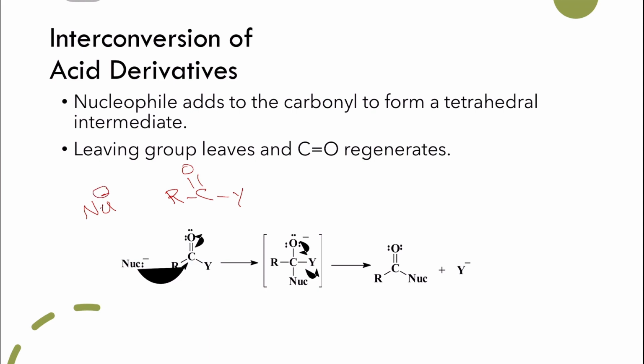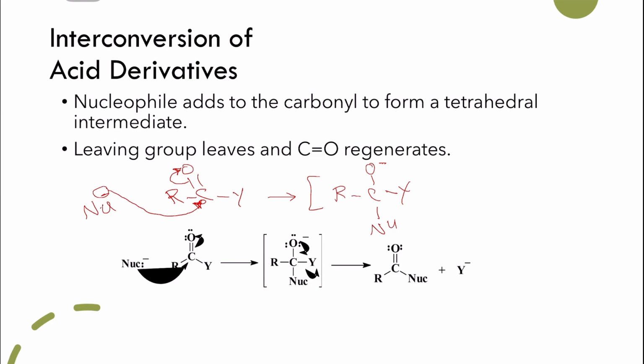So the reaction proceeds via the attack of the nucleophile on the carbonyl carbon, because it's partially positive because of the presence of the oxygen. Now the oxygen will take the electrons of the double bond, and the oxygen will have a negative charge. This is the first step, and a tetrahedral intermediate is formed with an oxygen with a negative charge, Y, and the nucleophile.